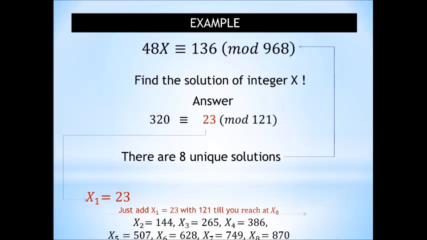It comes from 23 plus 121, and so on. And you get x3 is 265, x4 is 386, x5 is 507, x6 is 628, x7 is 749, and finally x8 is 870.